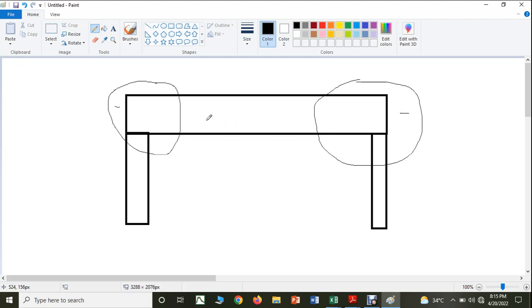Whereas if you see in the middle of the beam, it is always the positive bending moment.